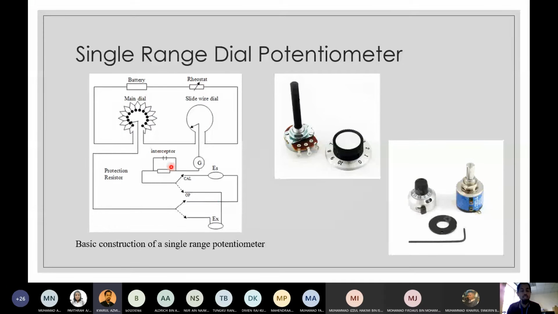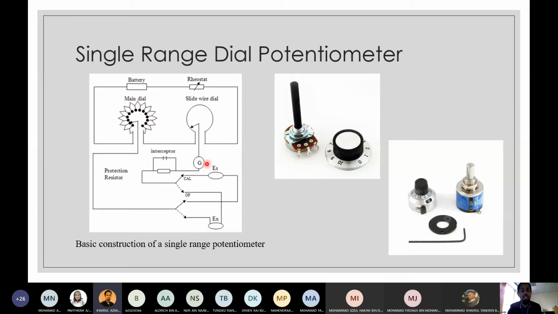And we have also a circuit somewhat similar to the slide wire circuit with some differences. So we still have a battery and a rheostat. This part here is equivalent to the straight slide wire. And we also have the switches to operate.